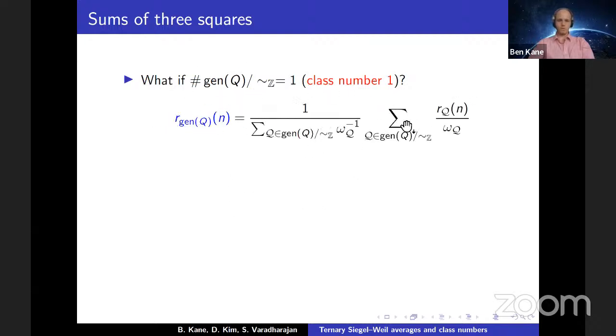So when this has just 1 element, this average only has 1 term, and then this omega q just cancels, and you just get RQ of n. So the number of representations by the genus is the number of representations by the quadratic form in the special case when the class number is 1. That is to say, there's only one class of isometries inside the genus.